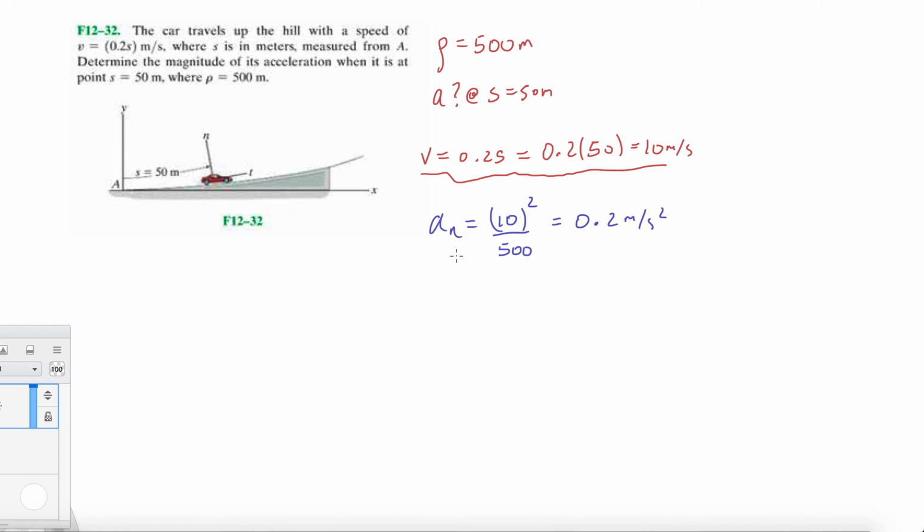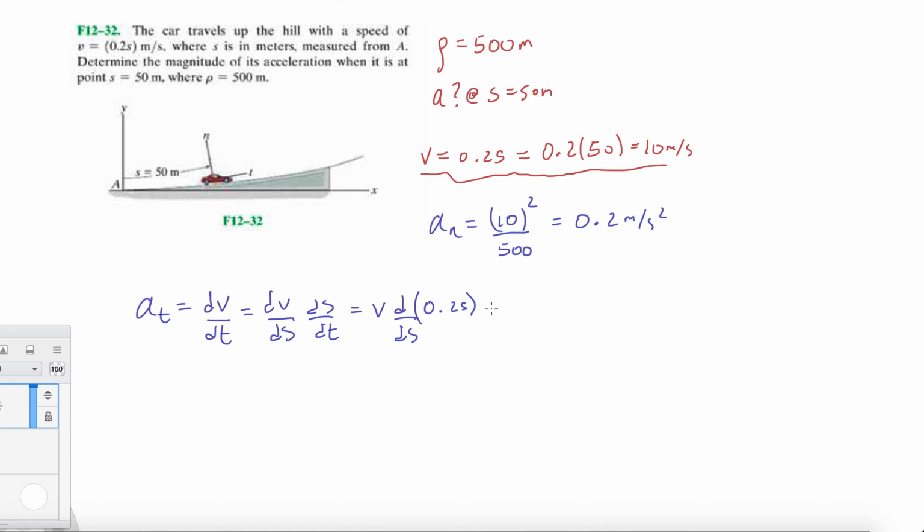So that was pretty easy, right? The last thing we need to do is find the tangential component of acceleration, which is dv/dt. We can also write that, again with the chain rule, as ds/dt times dv/ds. ds/dt is just velocity, so for v I'm going to plug in 0.2 s.